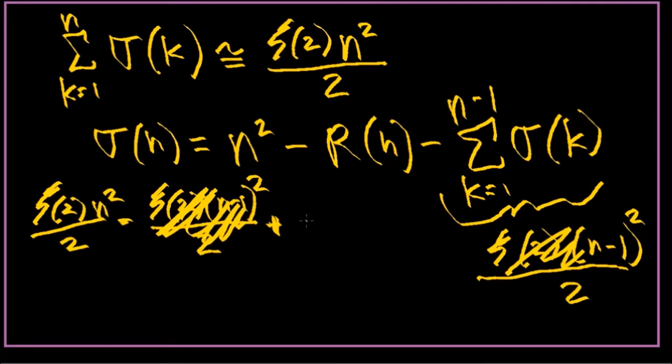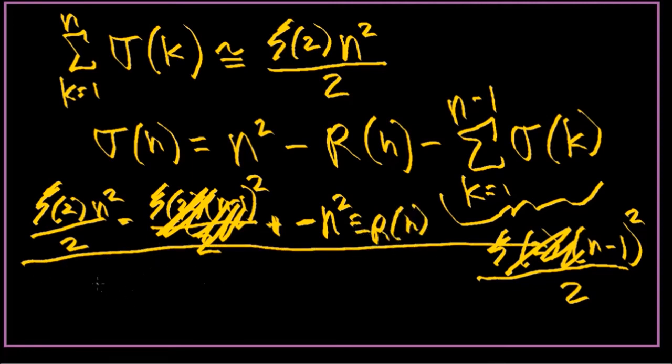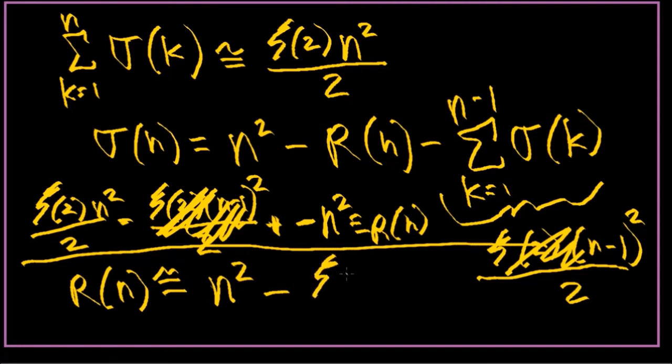And let's bring our minus n squared over, and then to clean this up, r of n, the average order of it, is n squared minus zeta 2 n squared over 2.